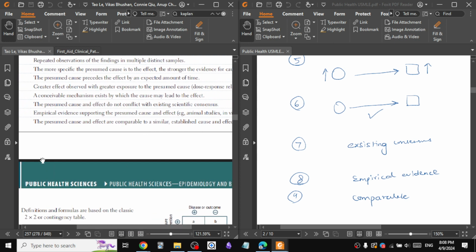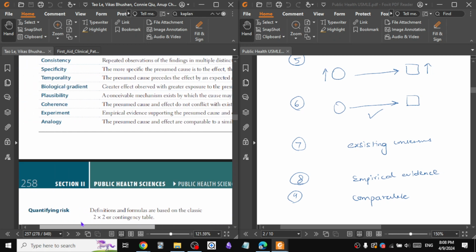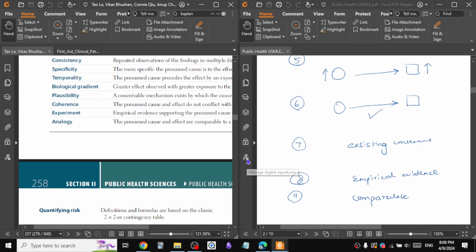Both of these are more like a study, and how you conduct the study and your research. So how do you remember them? Existing consensus, you will remember coherence. Experiment, empirical evidence. Analogy, it's comparable to something.